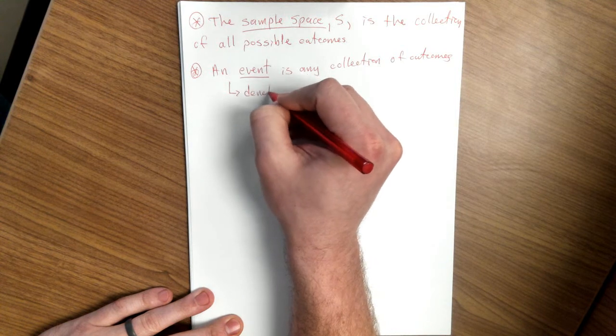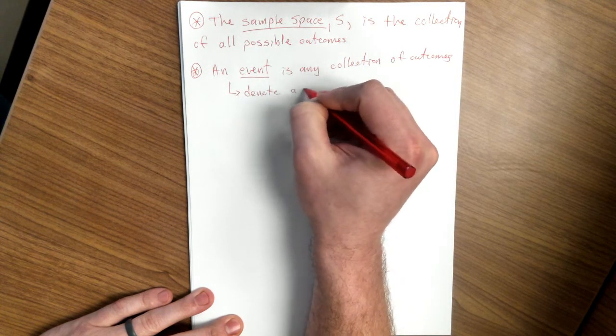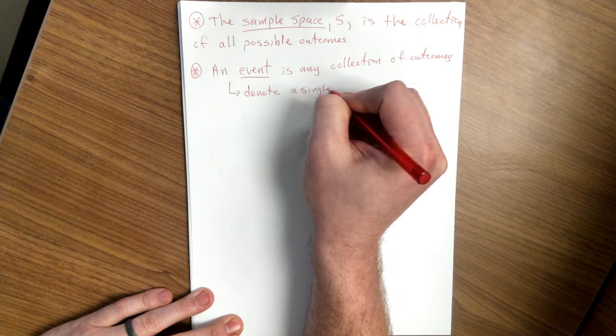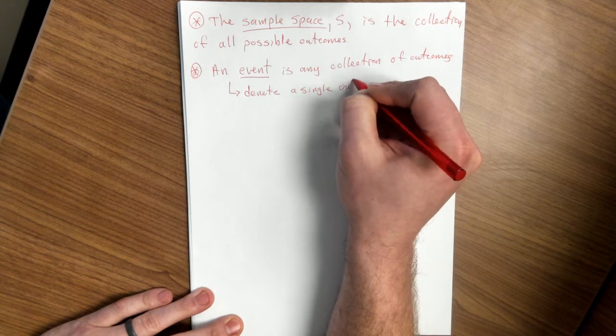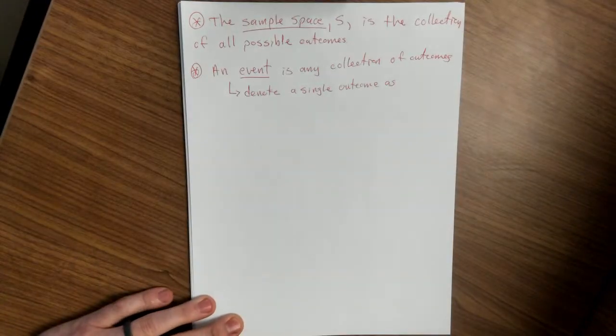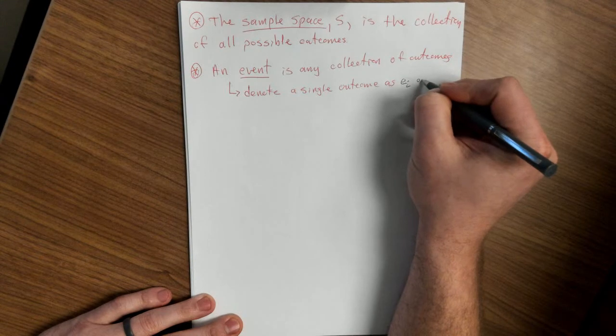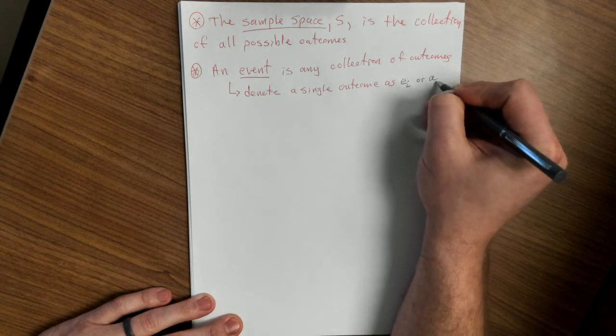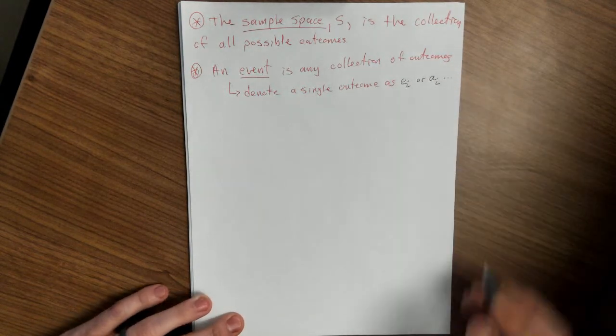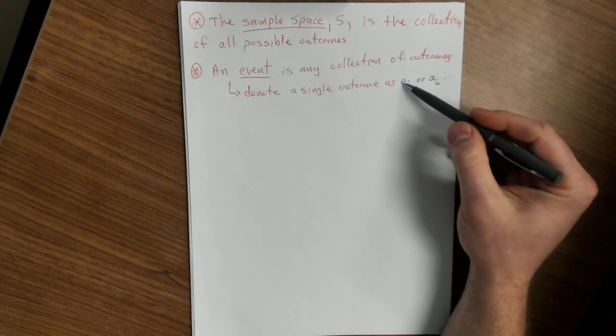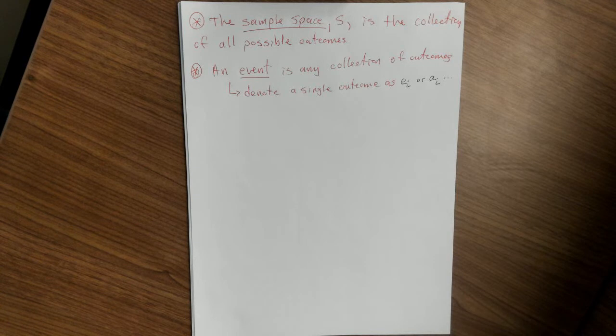Denote a single outcome as, and you can use any letter you want, but I'm going to use lowercase e sub i or little a sub i and so on. This just represents a single outcome.